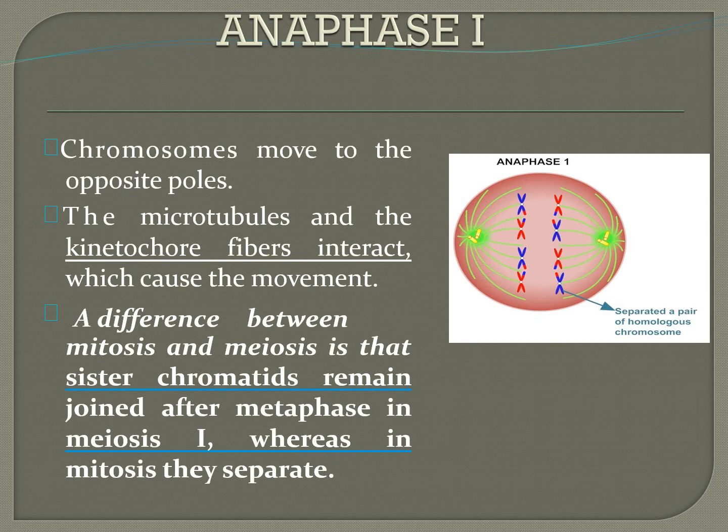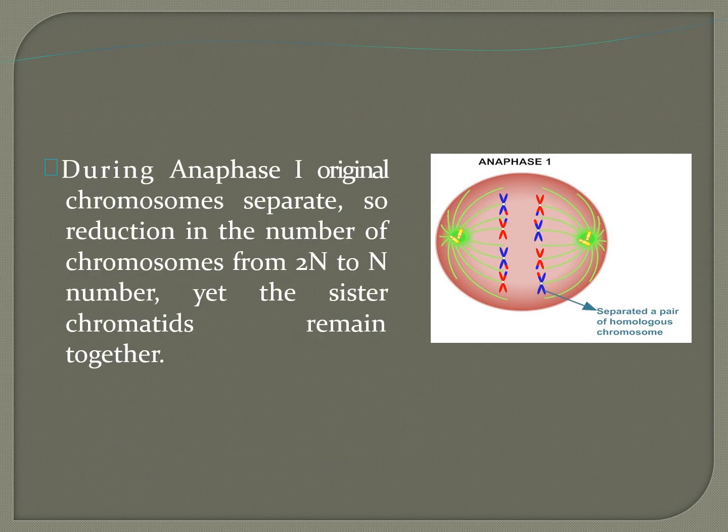A difference between mitosis and meiosis is that sister chromatids remain joined after metaphase in meiosis first, whereas in mitosis they separate. During anaphase first, original chromosomes separate. So, reduction in the number of chromosomes from 2n to n takes place.